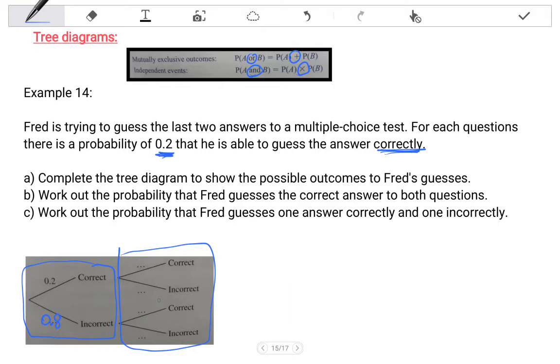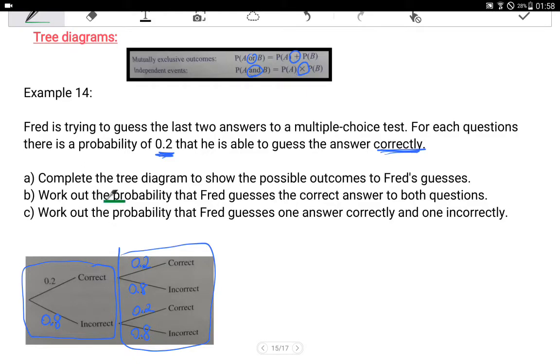There is no change in guessing correctly. It has value 0.2, so I'm going to write 0.2 in the places of branches which have a correct outcome at the end, and here 0.2. So each pair must sum to 1, so 0.8 goes for the incorrect guessing. So we finish completing the tree diagram.